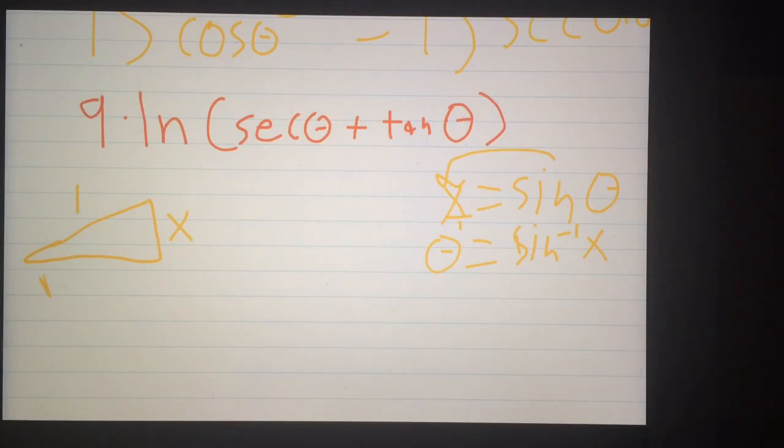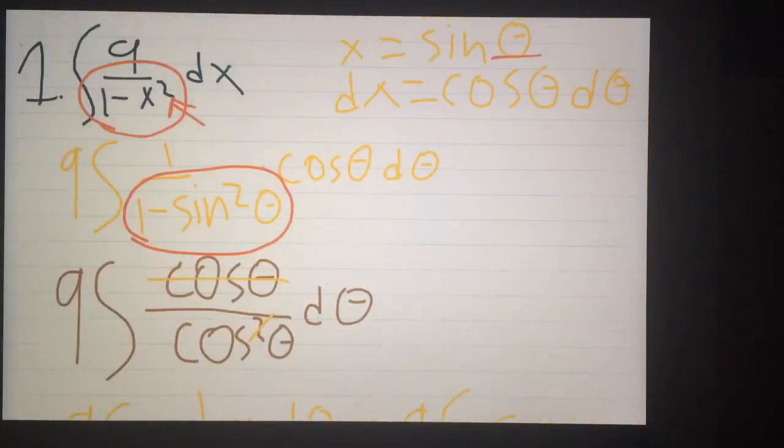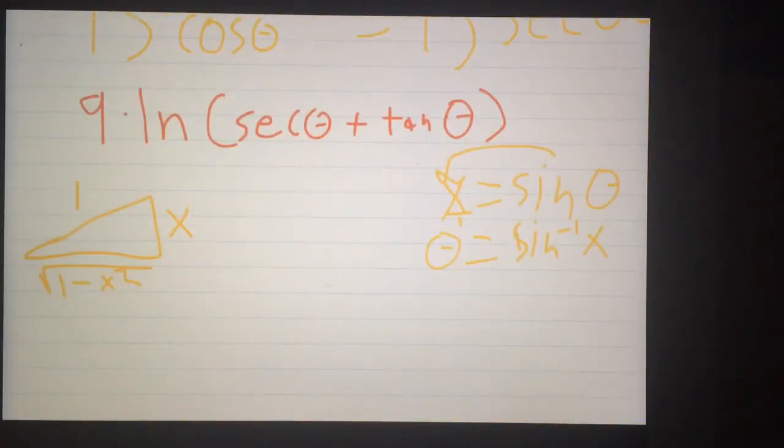And using the Pythagorean theorem, we can figure out that the adjacent side equals the square root of 1 squared minus x squared, which looks really, really familiar to the top. Whoa, boom, 1 minus x squared. So we can use this handy-dandy triangle to solve for secant theta and tan theta. So now we have 9 ln.